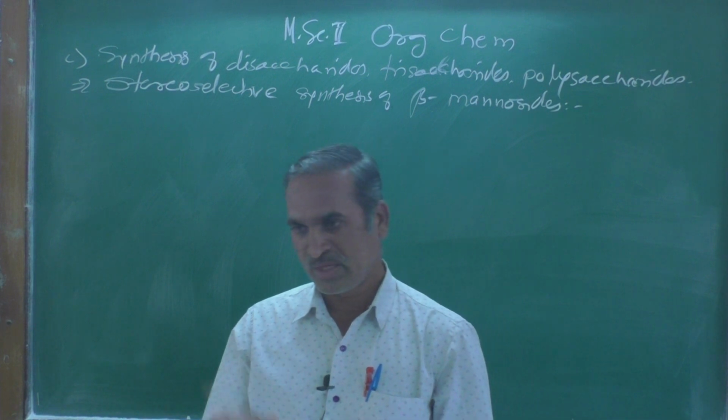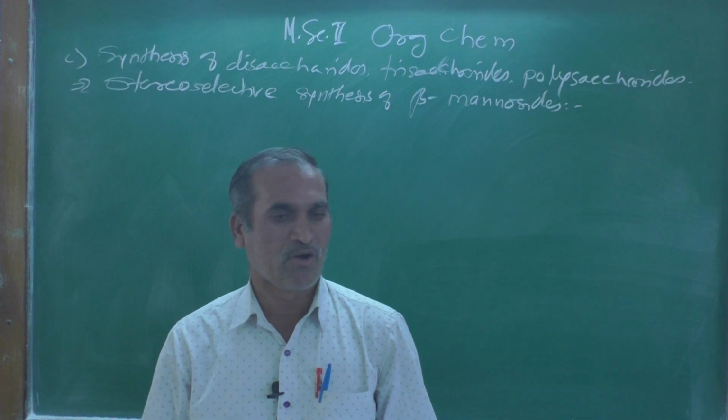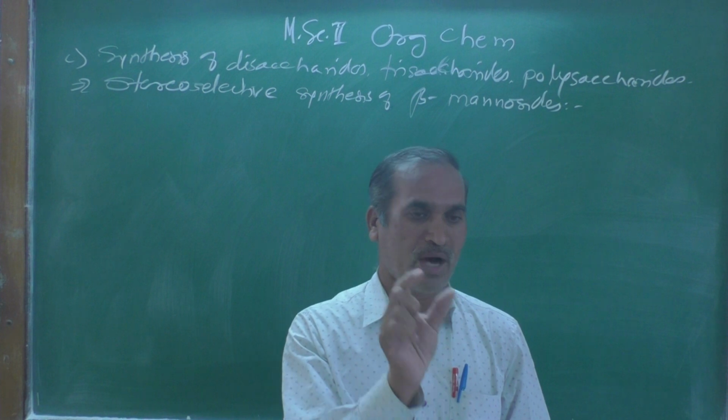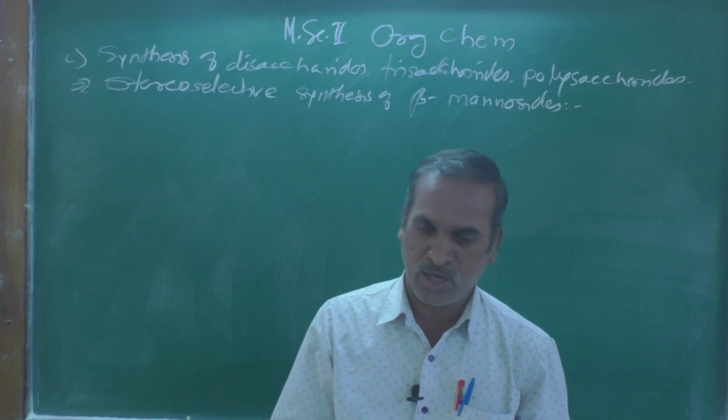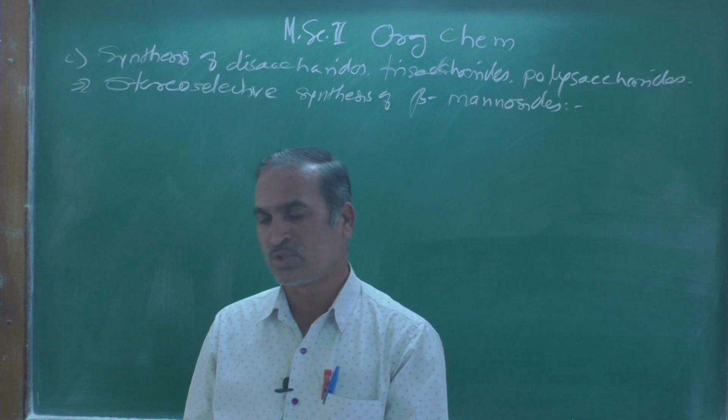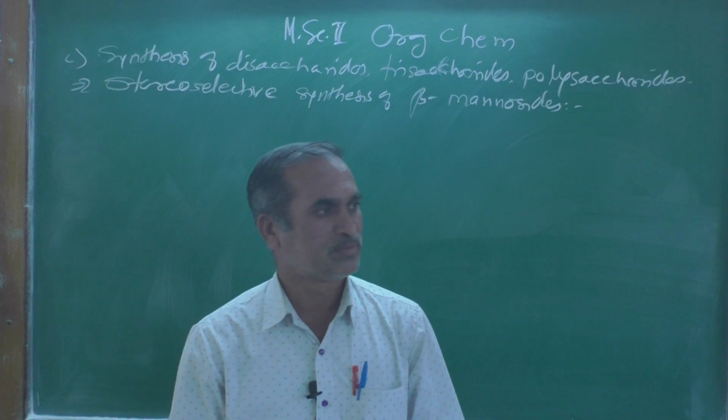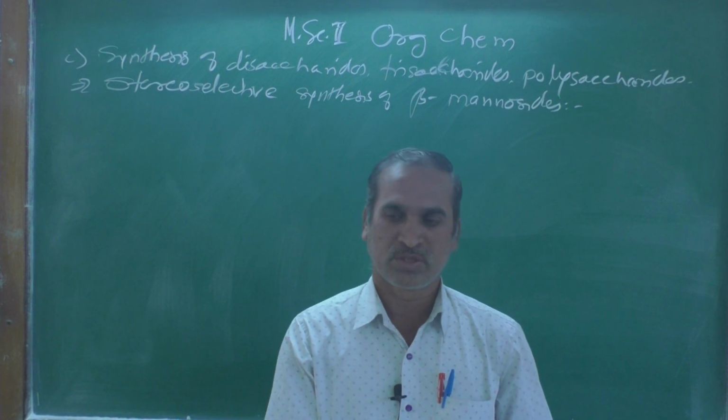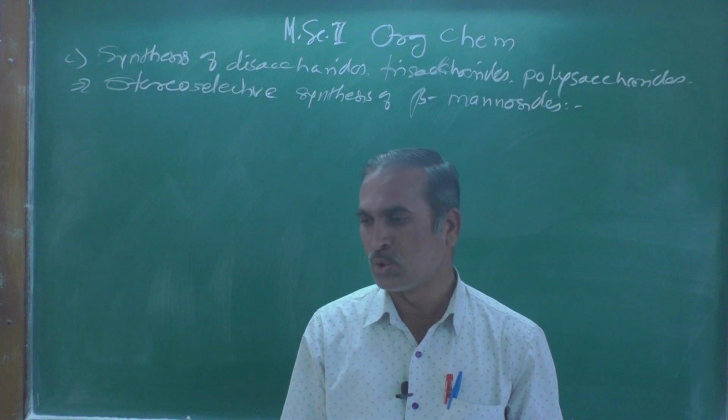Next commonly observed disaccharide is maltose. After hydrolysis, maltose gives rise to 2 units of glucose.